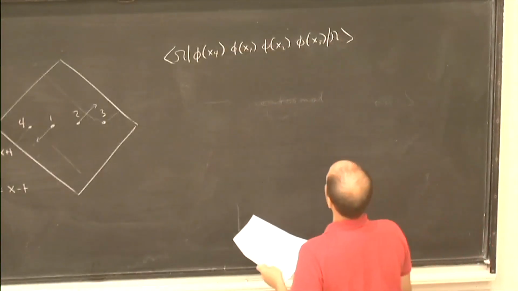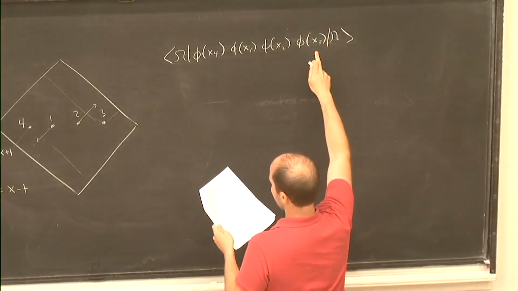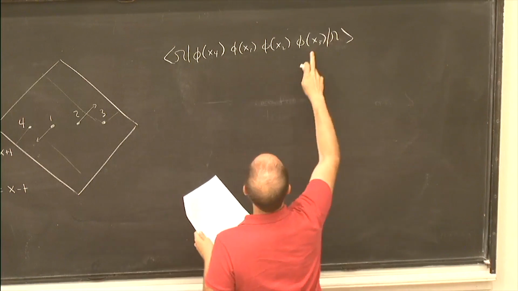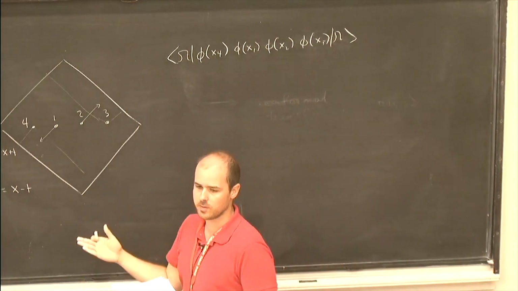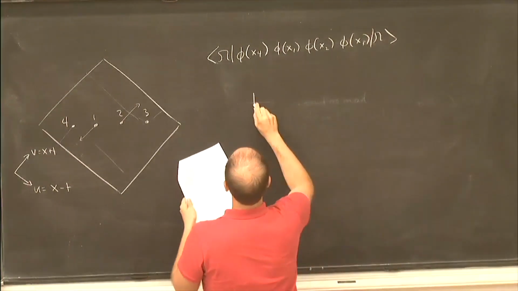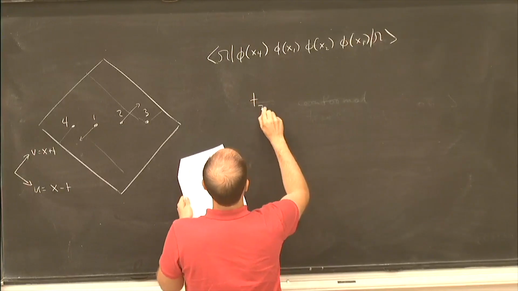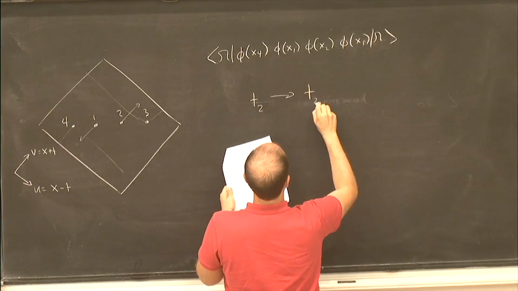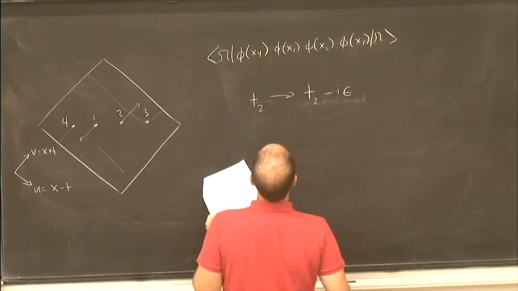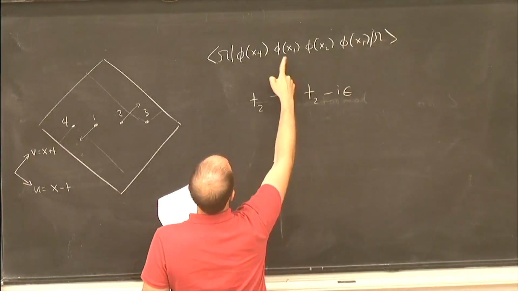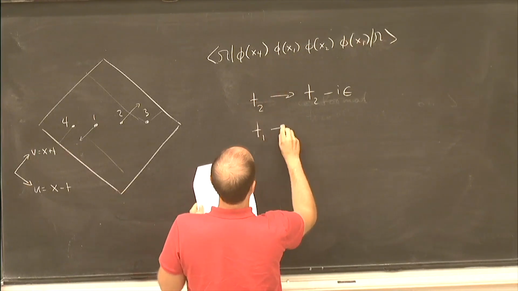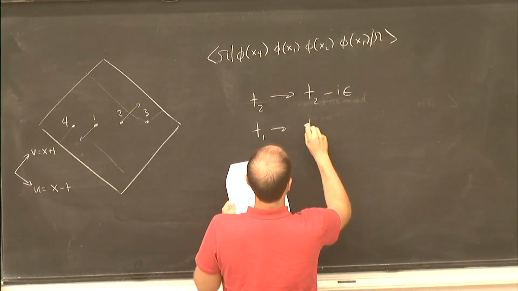In particular, we want 2 to be after 3. So let's keep x4 and x3 just in Lorentzian signature with no I epsilons. And to get 2 to be after 3, we'll take t2 and give it a small negative imaginary part. And we also want to make sure that 1 is in the past of 4. So to do that, we're going to take t1 and give it a small positive imaginary part.